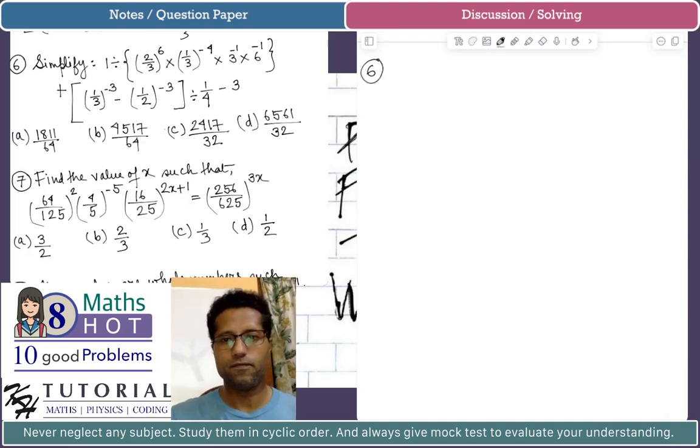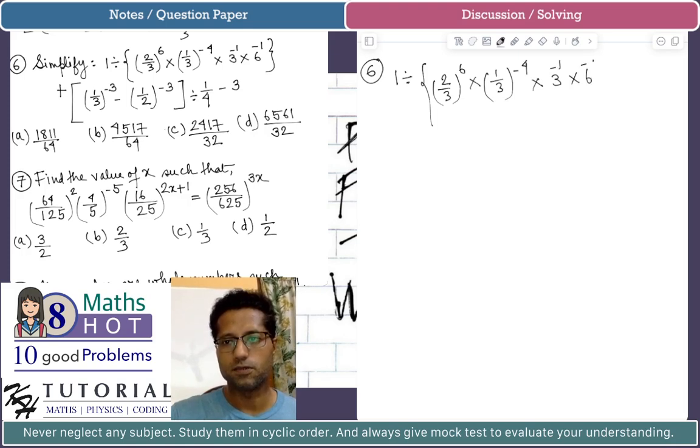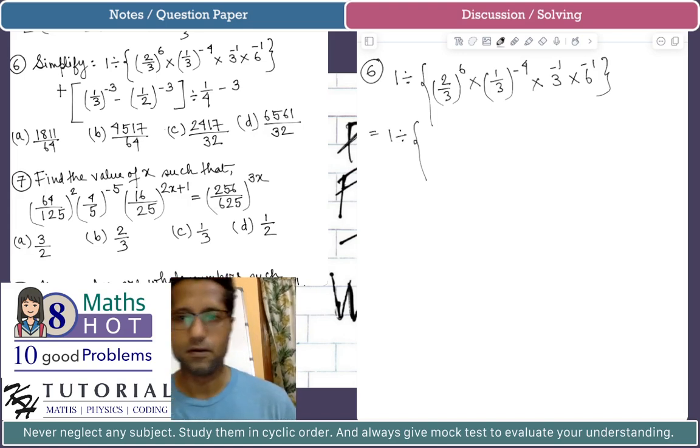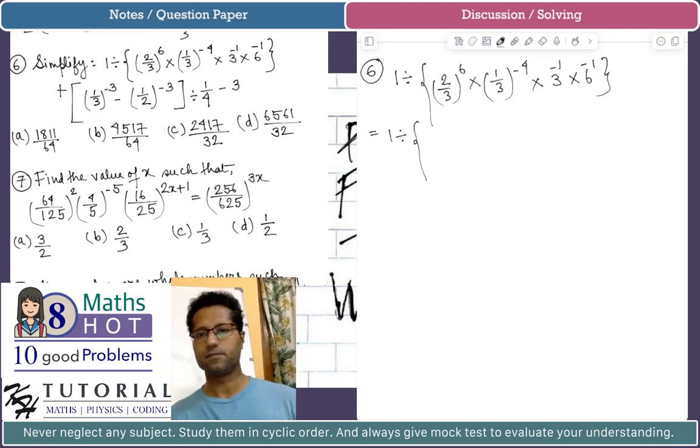So the given expression is 1 divided by, and then inside the bracket we have 2 by 3 raised to the power 6 multiplied by 1 by 3 raised to the power minus 4 multiplied by 3 raised to the power minus 1 multiplied by 6 raised to the power minus 1. Okay, so this is equal to 1 divided by, first let's simplify the expression inside the bracket.